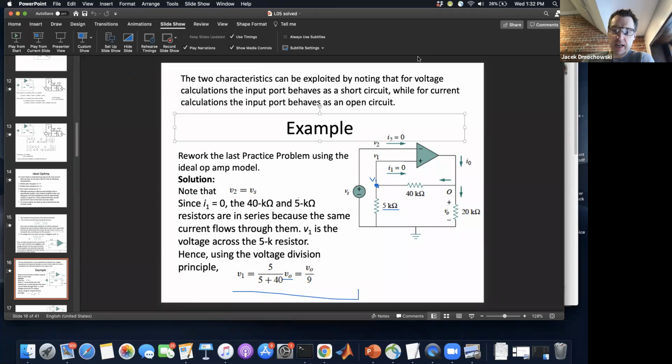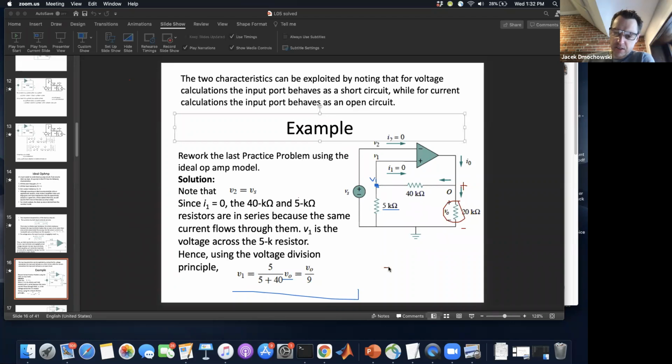Yes, I will go over that again. If you think about V naught here as a battery and you wanted to apply voltage division, you can think of the circuit: this is V naught, the output voltage.